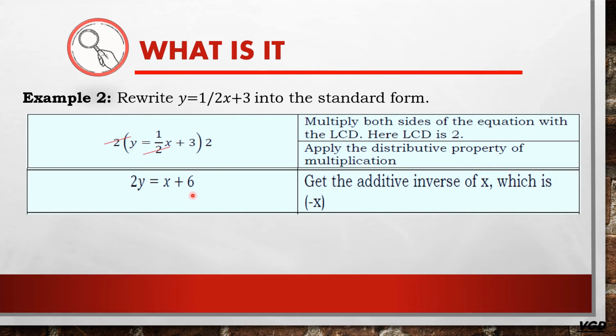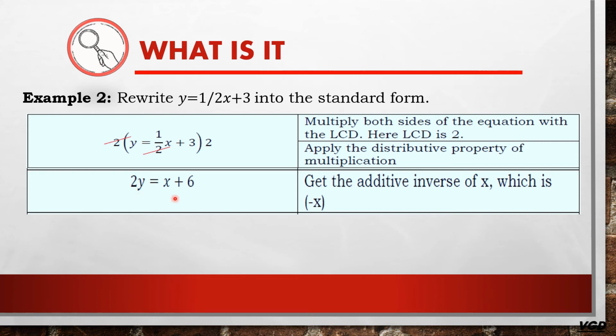And now, again, our goal is to move x to the left side and leave our constant on the right side, because according to our rule, ax plus by will always be together in the standard form.